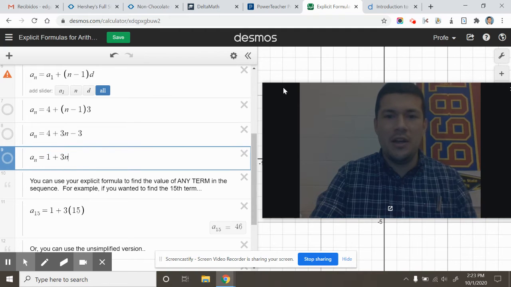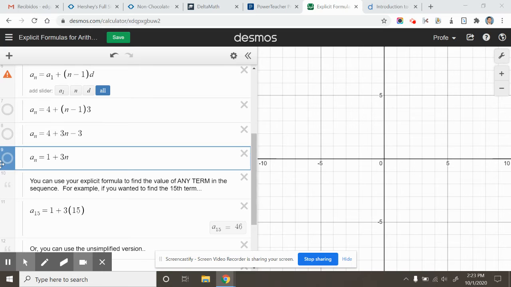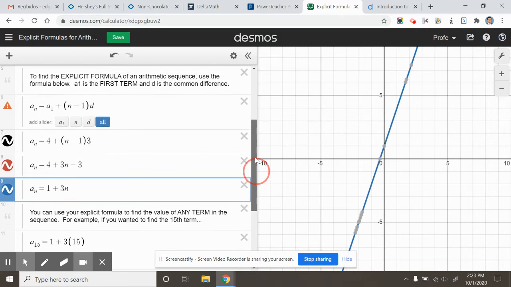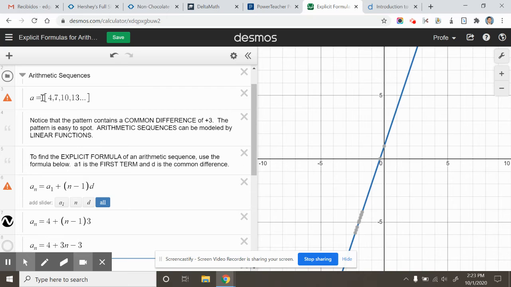Now, let me do a little bit of magic right here. If I graph 1 plus 3n, take a look at it, all right? Really, if I graph even from the unsimplified, this really looks like the function with a y-intercept at 1 going up 3 over 1. And that's because it is. Now you might ask, well, I don't see a y-intercept of 1.